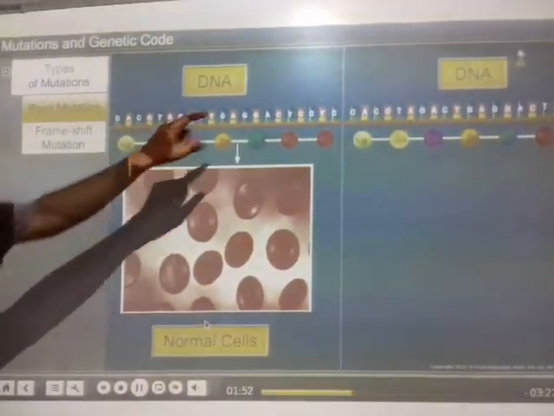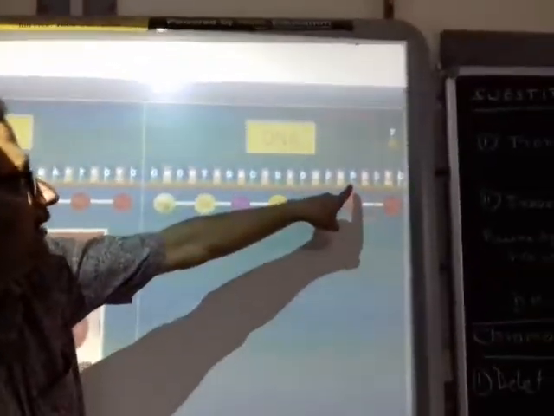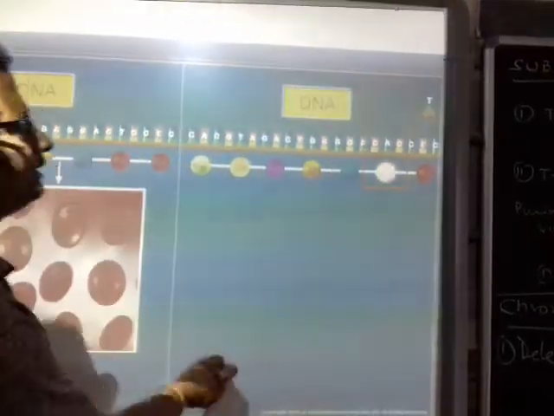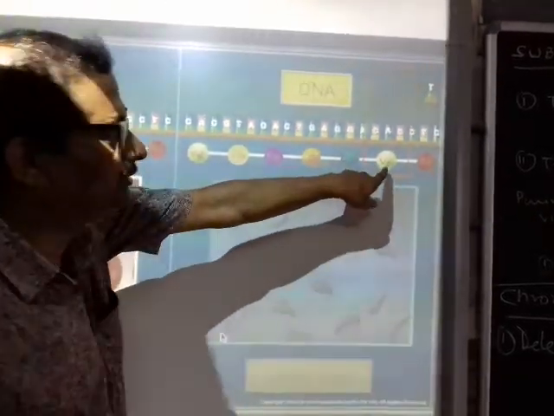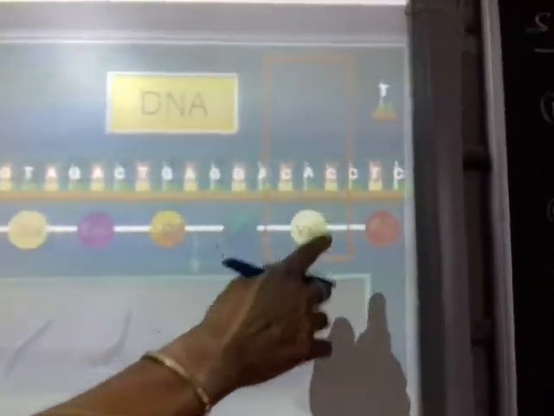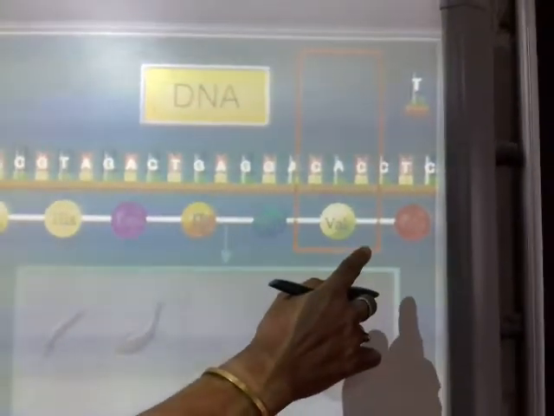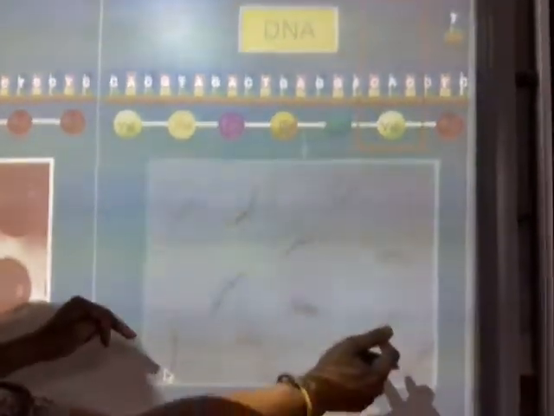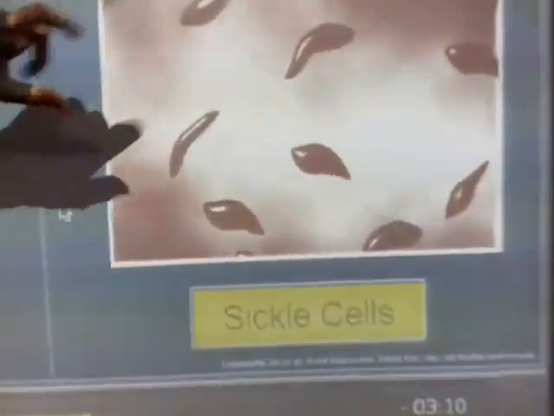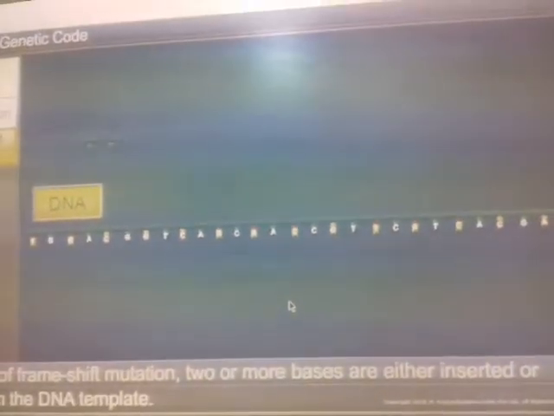Now here some wrong insertion is taking place. Instead of the normal base, TA comes and joins. So what happens to the glutamic acid? Glutamic acid changes to valine. If glutamic acid changes to valine, the whole hemoglobin structure becomes abnormal hemoglobin. This abnormal hemoglobin gives rise to a type of anemia called sickle cell anemia. Sickle cell anemia is very prevalent among some people in the world, particularly in Africa. It has been seen that a lot of these people have sickle cell anemia.